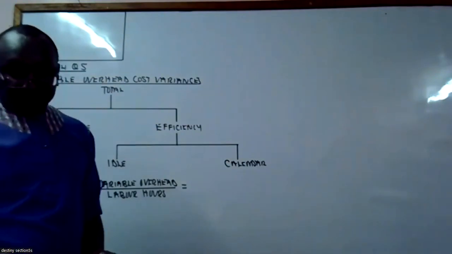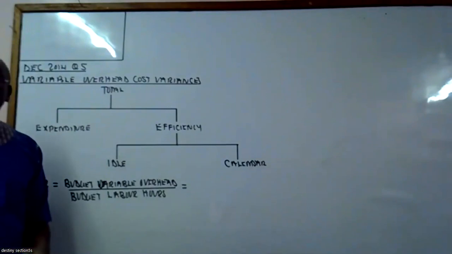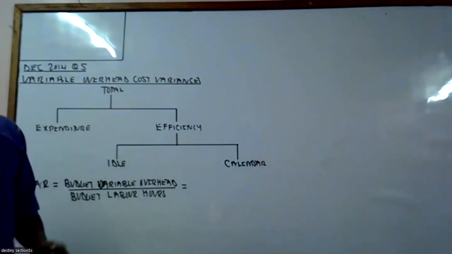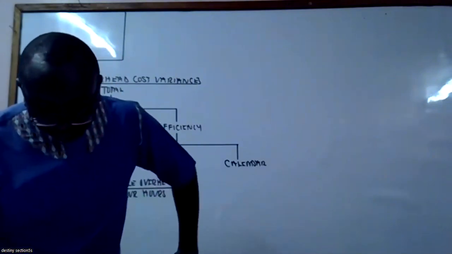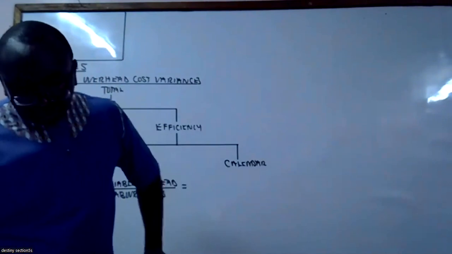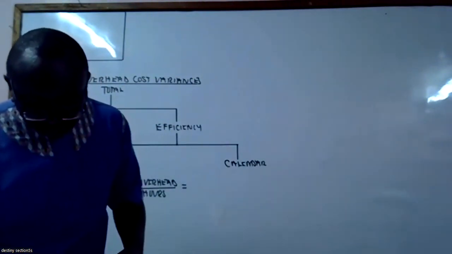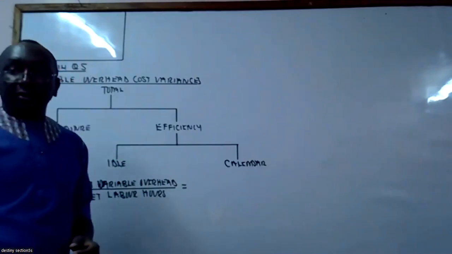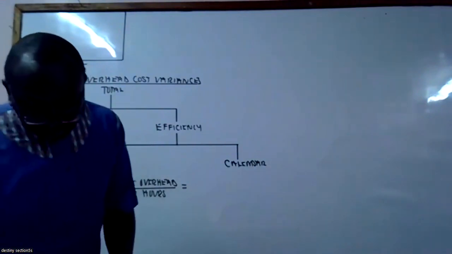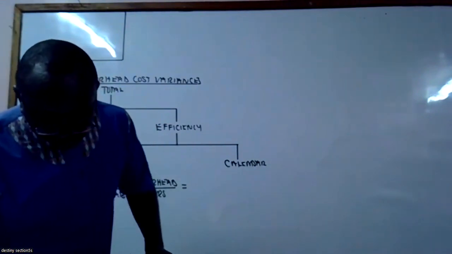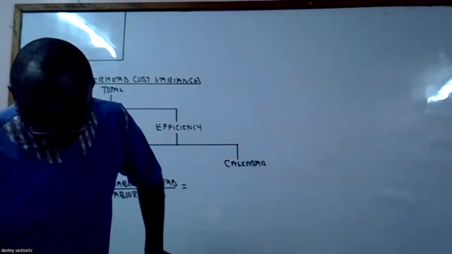I hope you are there. If you are there, you can see where they have written budget based on standard cost for an output of 10,000. If you look at that budget and go downwards there, you can see the variable overheads, 30,000 hours at 20.